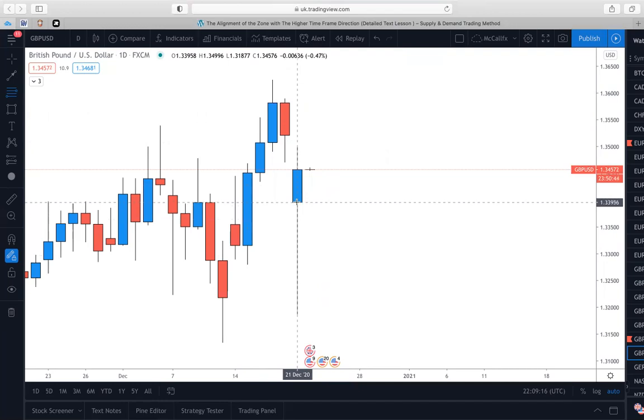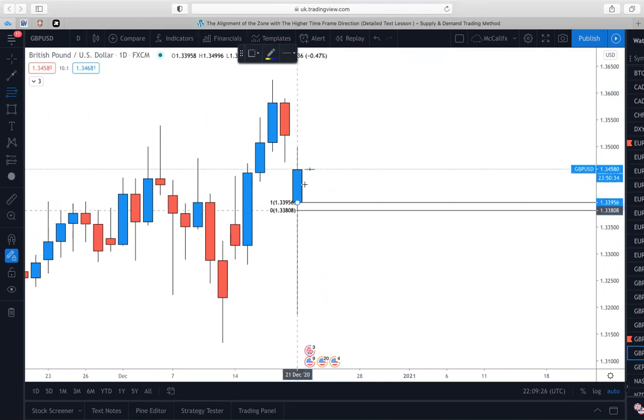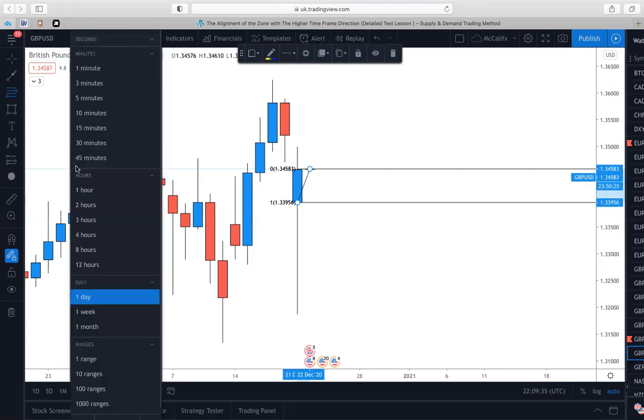So I put my first line on the opening price of the day before this day. And then the next line is going to be on the opening of the day you want to look for that retracement. Once you have this, you switch to a 2 hour time frame.